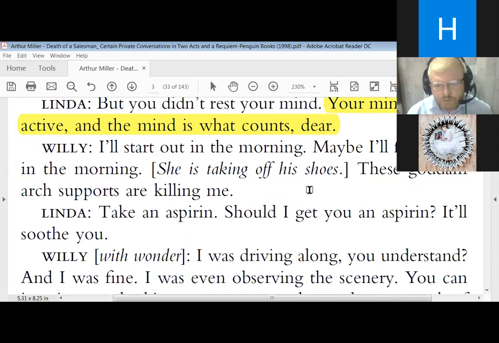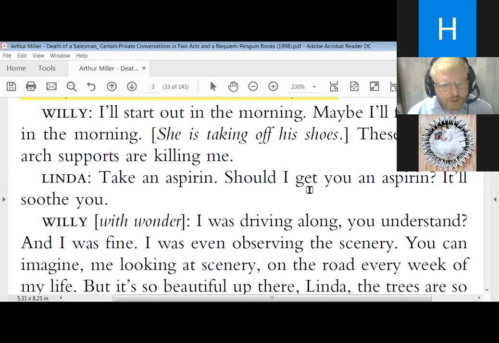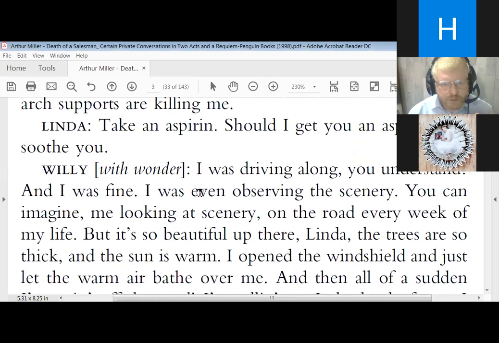He says the arch supports are killing me. She advises him, take an aspirin. Should I get you an aspirin? It will soothe the pain that the arch supports are doing to your feet.